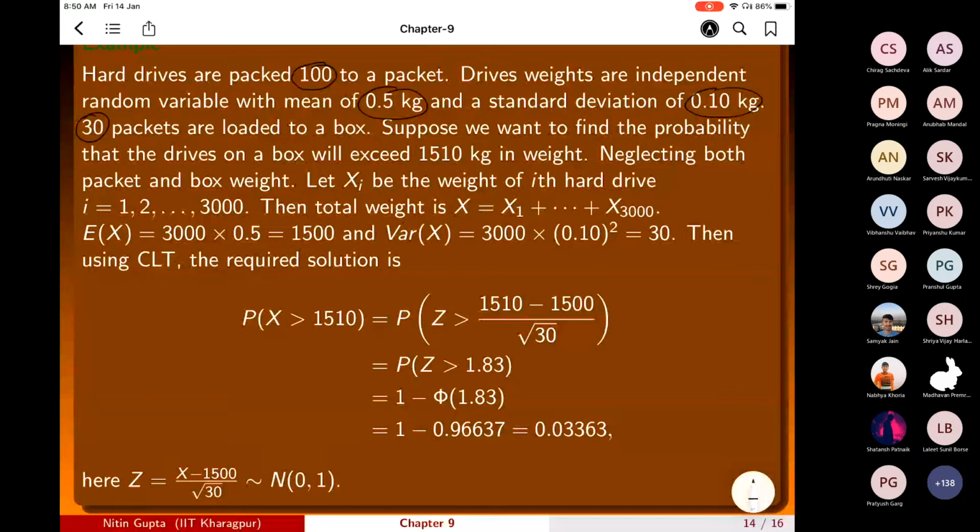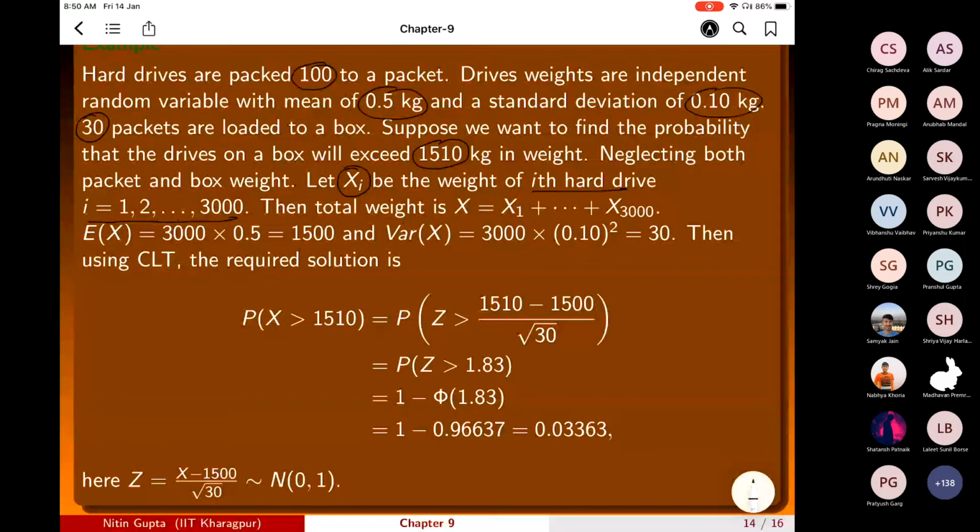Suppose we want to find the probability that the drives in the box exceed 1510 kg in weight, neglecting both packet and box weight. So let Xi be the weight of the ith drive, i from 1 to 3000.